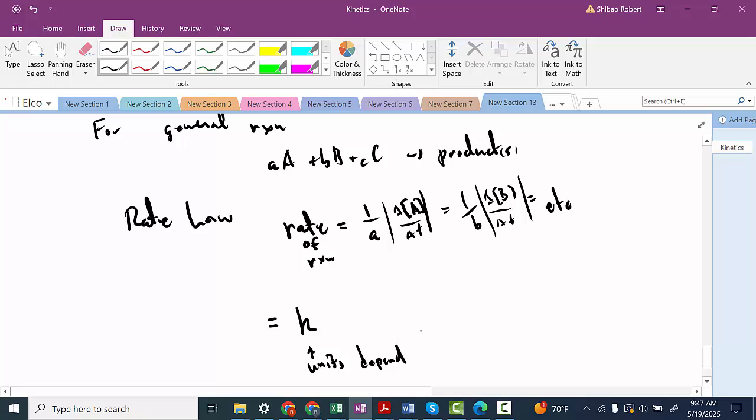The bigger the k, the faster the reaction. The smaller the k, the slower the reaction. But we can get k experimentally.